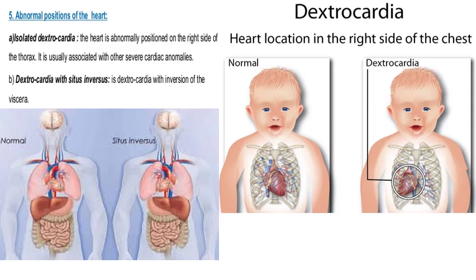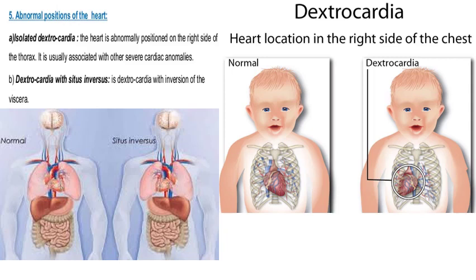So there can be only dextrocardia that is seen, where only the heart itself is on the opposite side, because of the abnormal looping that happens in the heart during its development.